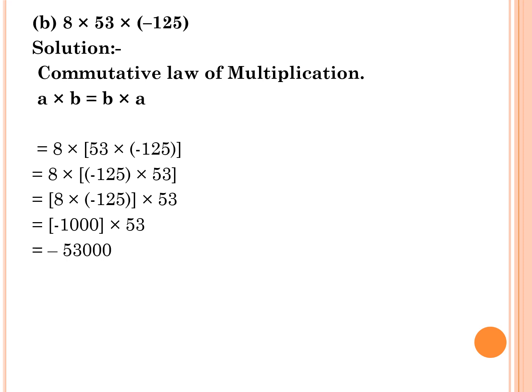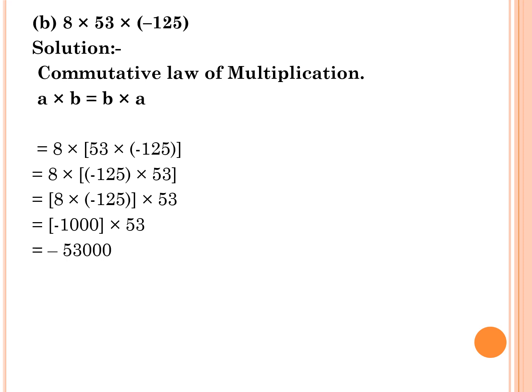Now let us move on to the next one, that is B. 8 into 53 into minus of 125. Solution for this problem is the commutative law of multiplication, that is A into B is equal to B into A. Here you can multiply either of the terms first and then the third term. 8 into 53 into minus of 125, 8 into minus 125 into 53.